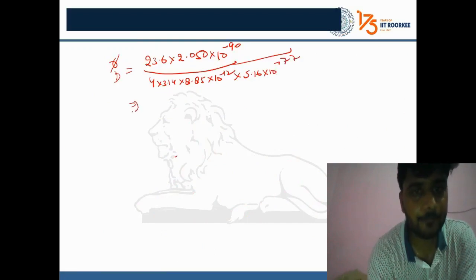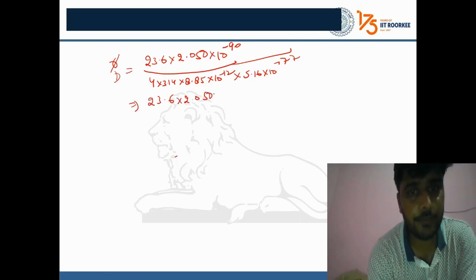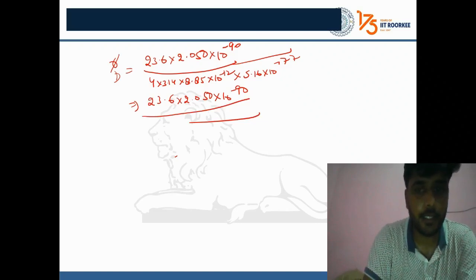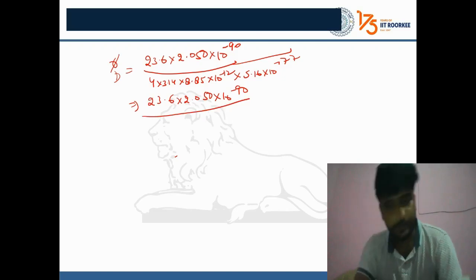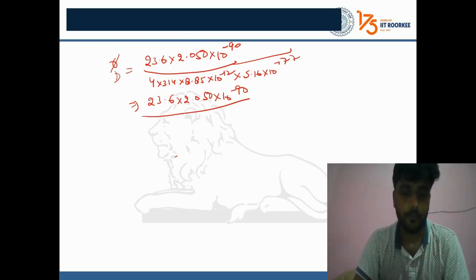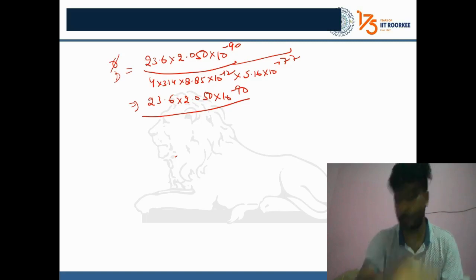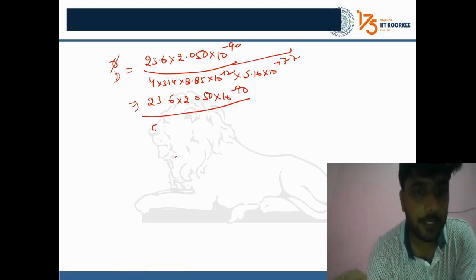Okay, so 23.6 2.50 10 raised to minus 90. Let me calculate the lower value for 3.14 8.85 5.16, that is 573.56 multiplied by 10 raised to minus 89.